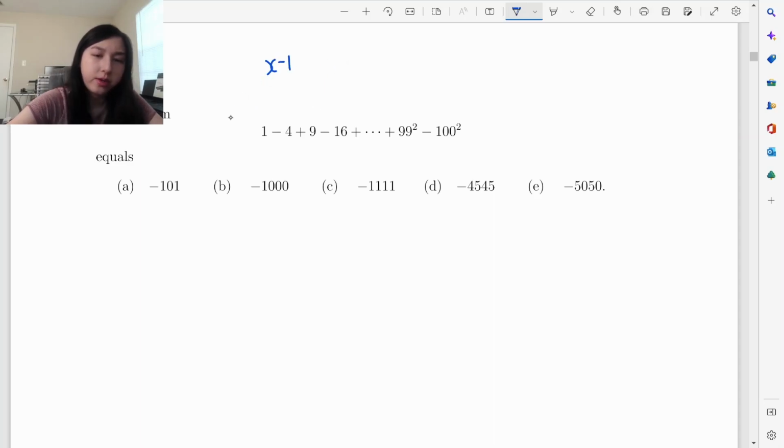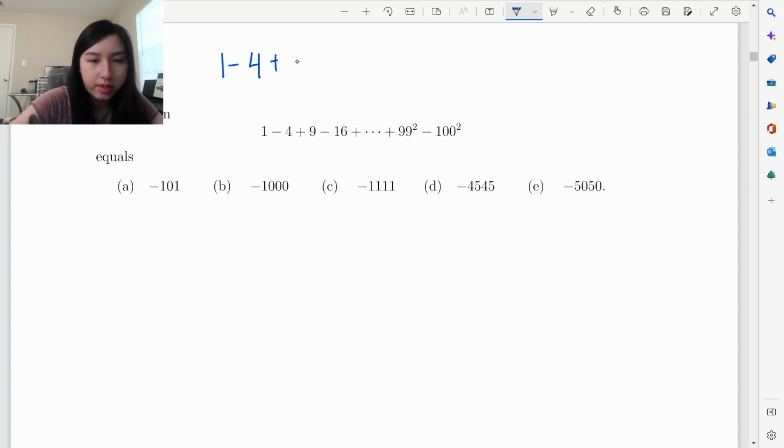This won't help us at all though. The sum of this equals to, can we make it all positive or all negative? I have to think. Oh, okay, I see.